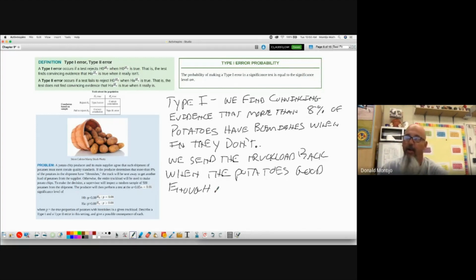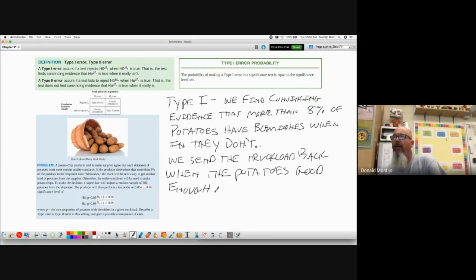We upset our provider of potatoes. We wasted money when really we didn't need to. So we send the truckload back when the potatoes were actually good. That is a consequence of committing a type 1 error in context of this problem.